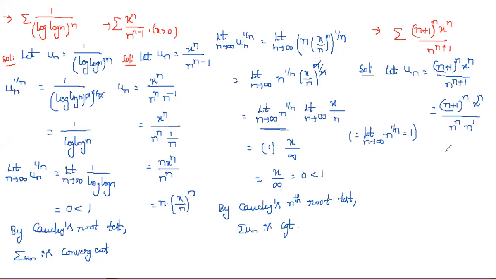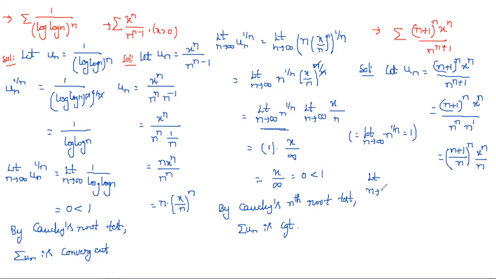Here also you can write these two as (n plus 1 by n) whole power n, since a power n by b power n is (a by b) whole power n, into x power n by n. I didn't apply any condition till now. I just modified the problem for getting the simplification, and now you can write the condition.